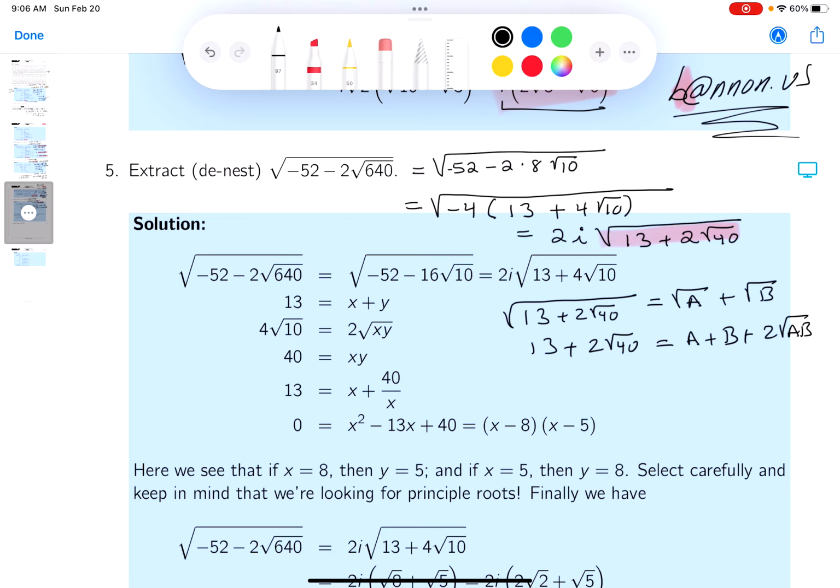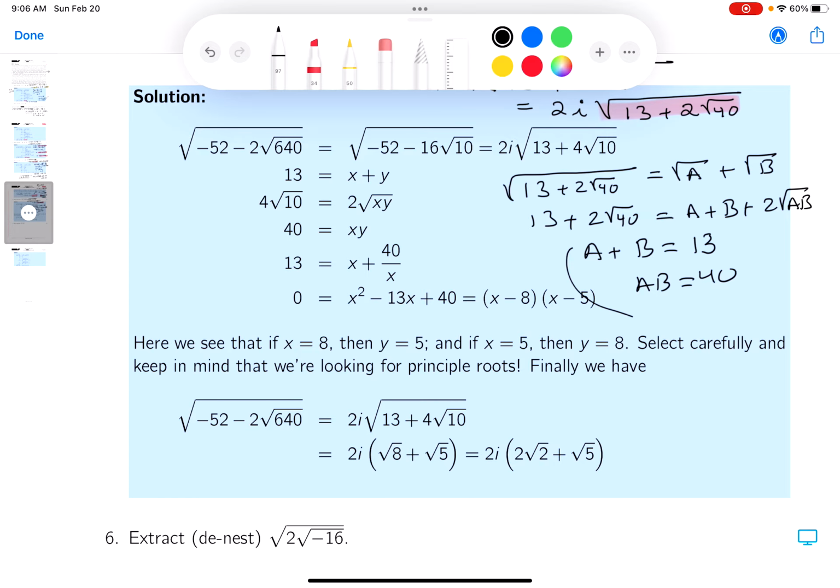Well, again, I always say to Steve, I struggle with it. I'll be honest with you, I do struggle. But I'm looking at it, it's not that big of a struggle. I'm going to say 8 and 5. And why is that? 8 times 5 is 40, and 8 plus 5 is 13. Now, no matter where I put them, it's an addition problem. It's commutative. So I could say root 8 plus root 5, or I could say root 5 plus root 8.